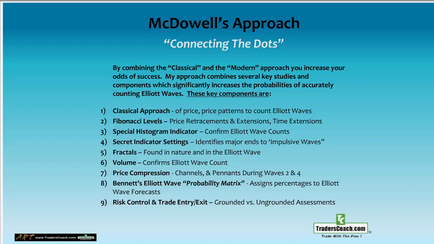And then you can assign what I call a probability matrix, which is where I created a percentage that I assigned for each one of those elements in order to see how probable those percentages worked out in terms of my count. So all that comes into play. And then of course there's risk control.